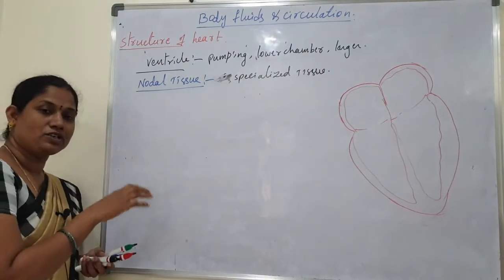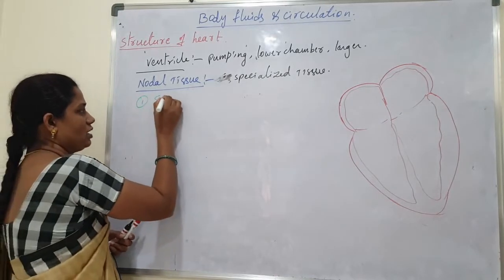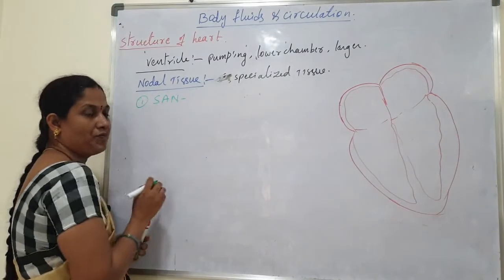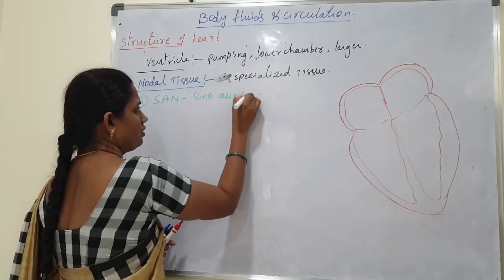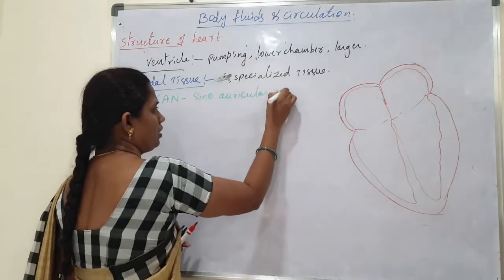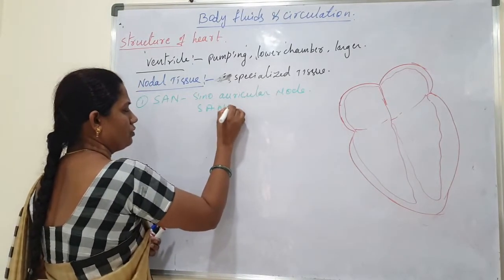In this nodal tissue, some different parts are there. The first one is SAN, the sino-auricular node or SA node.